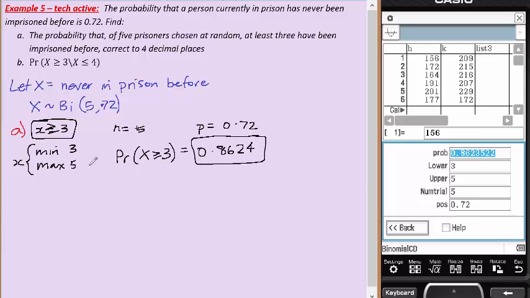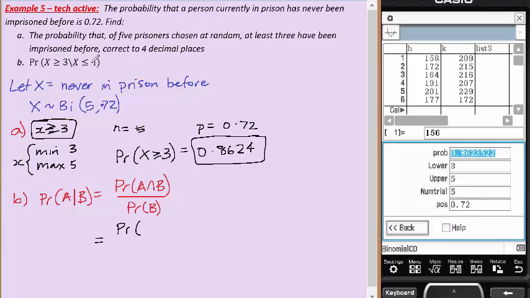For part B, I need to use my formula of the probability of something given something else, which is the probability of the intersection over the probability of whatever is already given. In this case, I'm looking for the probability of it being either 3 or 4.